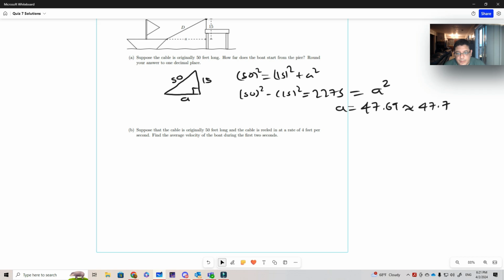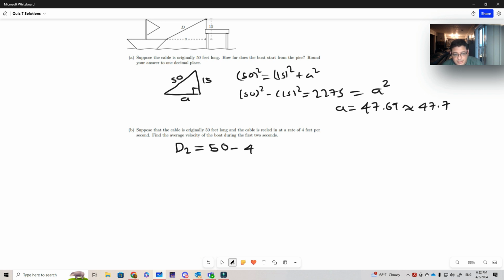Now, for the second part, it says that the cable is originally 50 feet, but the cable is being reeled in at the rate of 4 feet per second. So let's find out what happens after the first 2 seconds and the average velocity of the boat. I have to find out a second D, and that second D is going to be 50 minus 4 feet per second times 2 seconds, so 50 minus 8, which is 42.